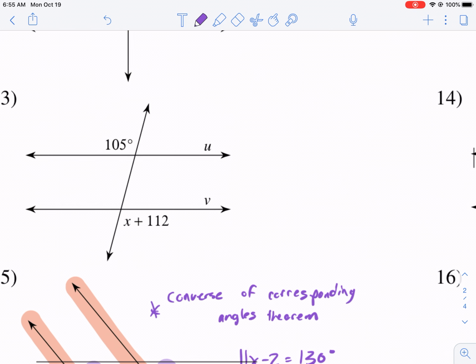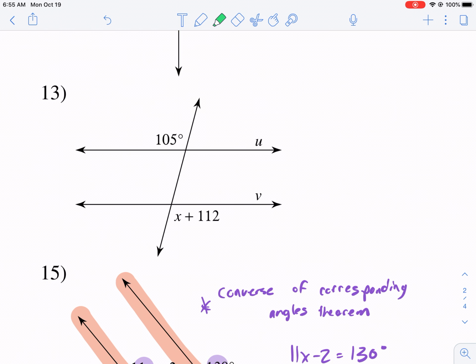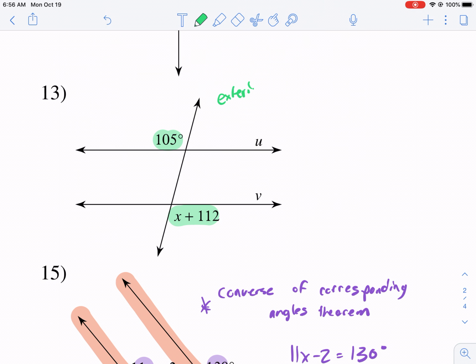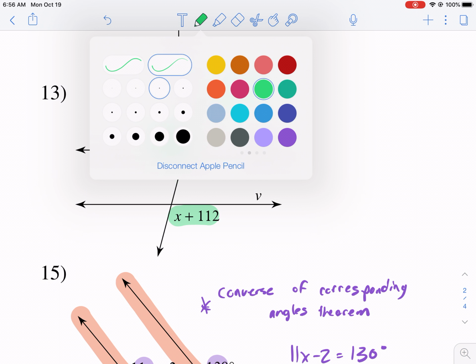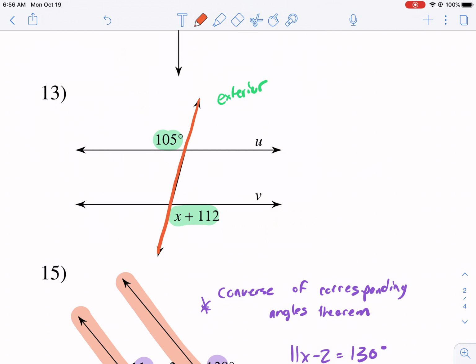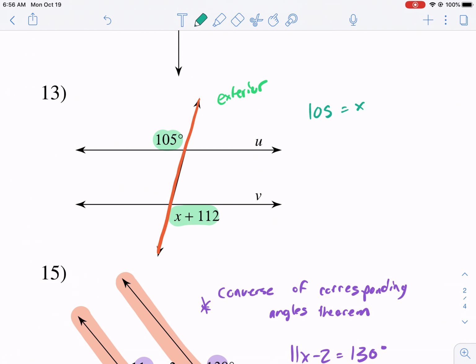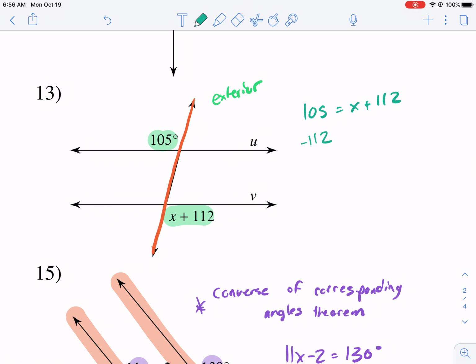The only one we didn't cover was alternate exterior. This would be alternate exterior because those are exterior angles. The interior is on the inside, and they're alternate because they're not on the same side of the transversal. So what we would do is set these two equal to each other. Plus 112. We subtract 112. Yes, x can be negative.